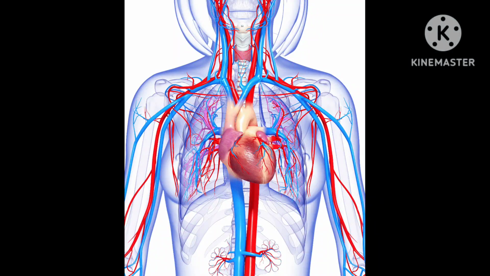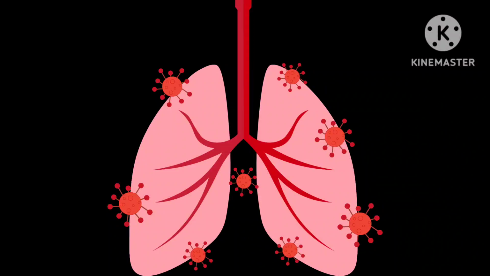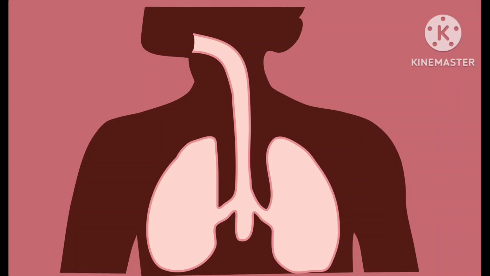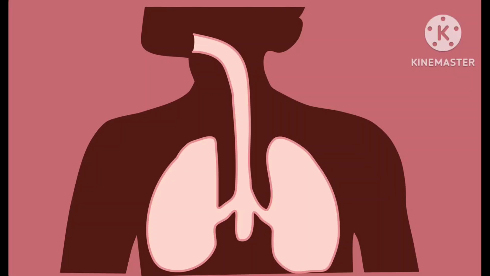Respiratory system helps in the process of breathing and exchange of gases. It consists of air passages and lungs. Air enters the nasal cavity through nostrils. In the nasal cavity, the air becomes clean, warm, and moist. Then air passes through the larynx and enters the trachea.